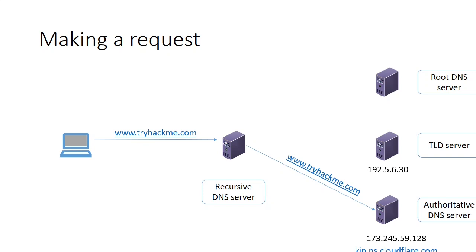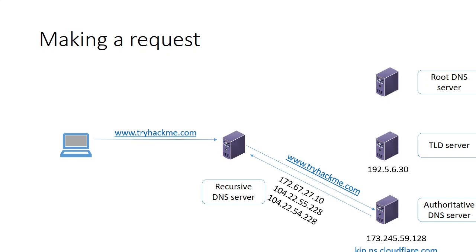Depending on the record type, the DNS record is then sent back to the recursive DNS server. So here, let's say it's still searching for an IPv4 address that matches that domain name. The authoritative DNS server will look it up and send the answer, telling your recursive DNS server, here, www.tryhackme.com has 3 IP addresses.